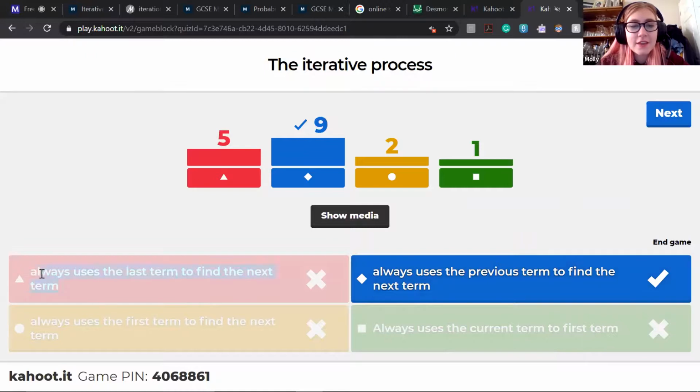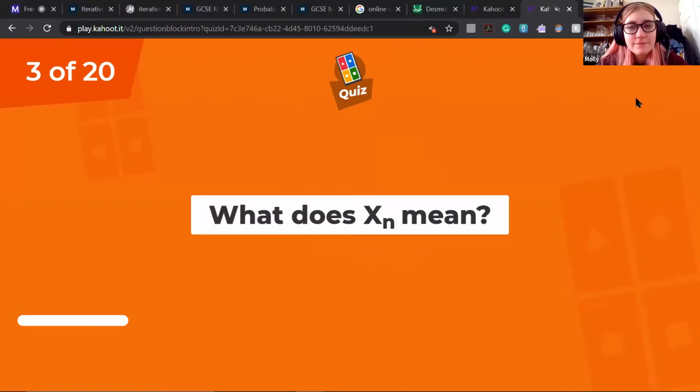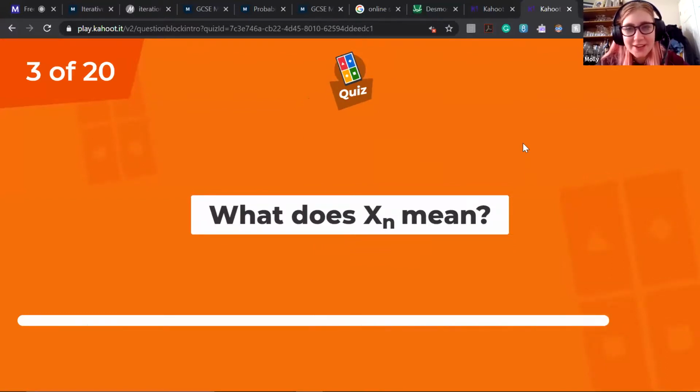Yeah, I think the wording, I don't think you're that wrong if you put red. I think by last term they meant the final term. So this was horrible wording. So I kind of think that if you put red, you're correct and you know what you're on about. Maybe this is why I should make my own.